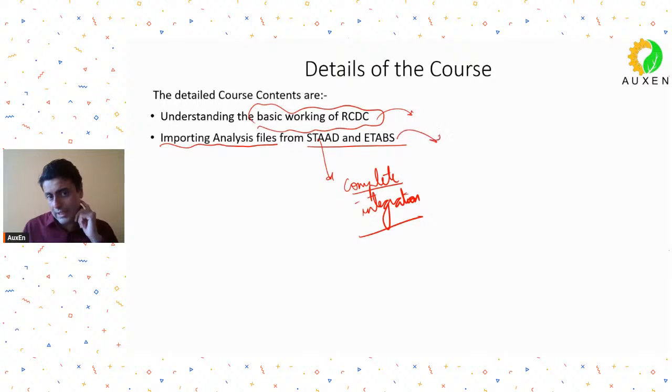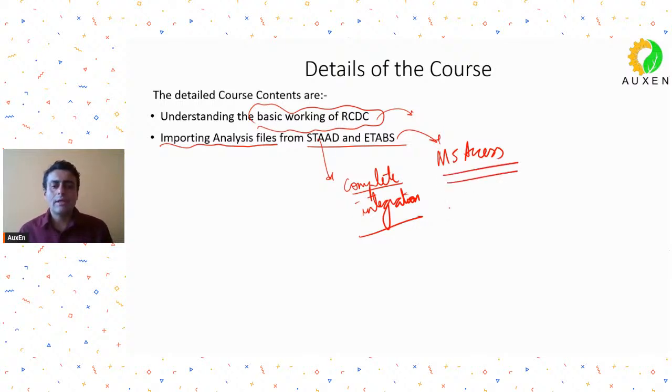But things become slightly more tricky with ETABS, because as I was telling you, they are not from the same firm. So bringing an ETABS file to RCDC is slightly more challenging, and you need to basically use a third party program, a database program that you have to use to bring the ETABS file to RCDC.